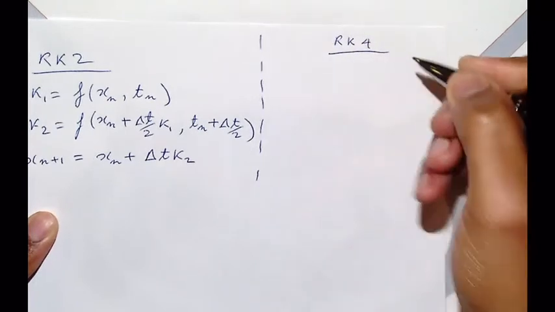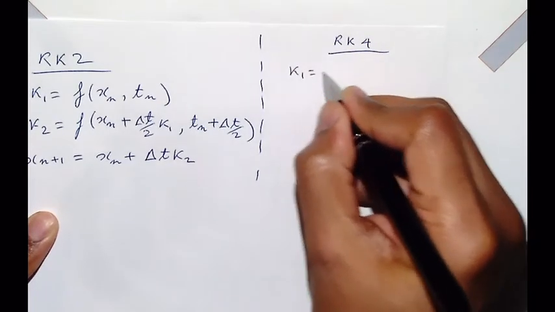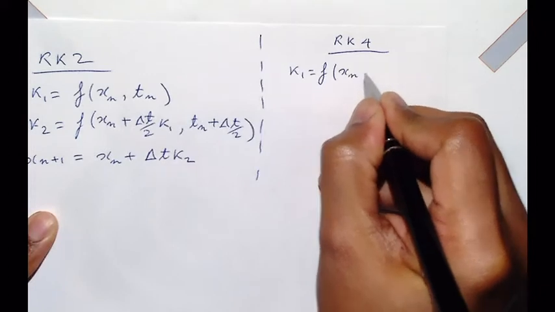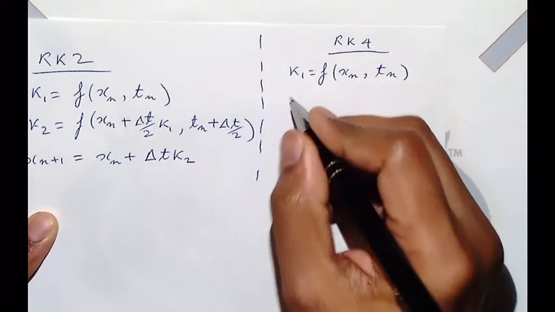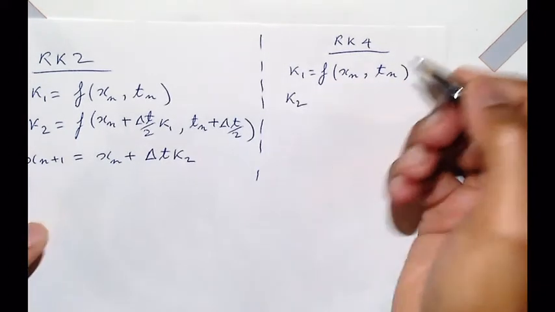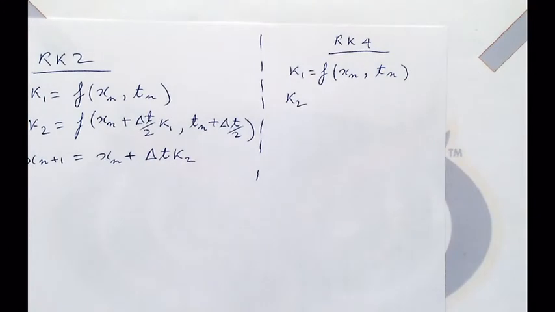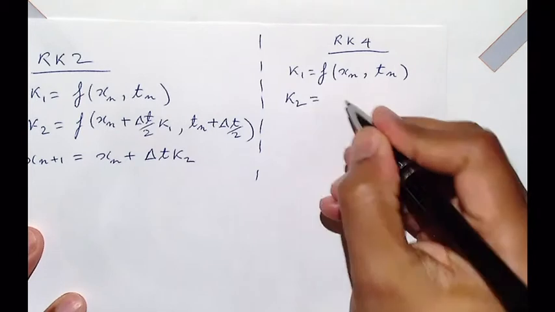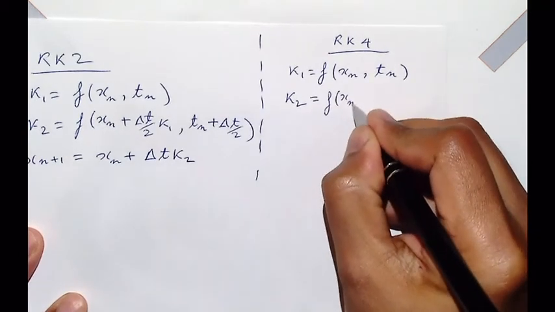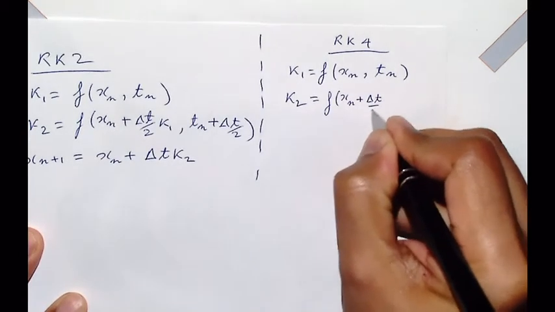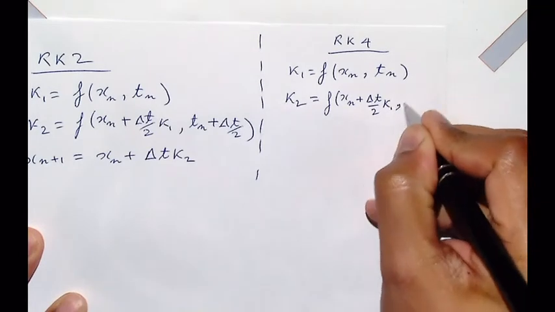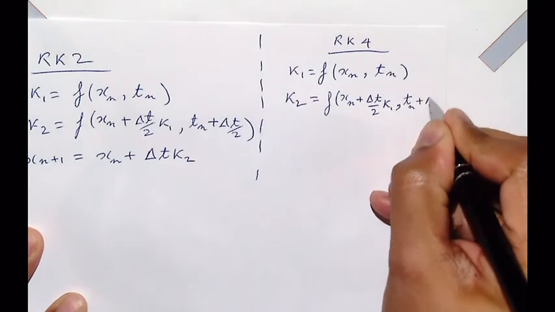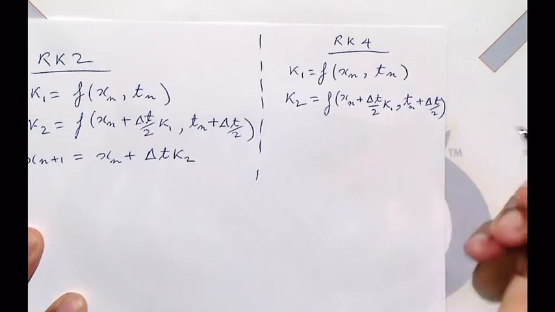RK4, again, K1 equals f. And let me make sure I don't mess up my coefficients. Okay, K2 is the same. Now, there's a K3.